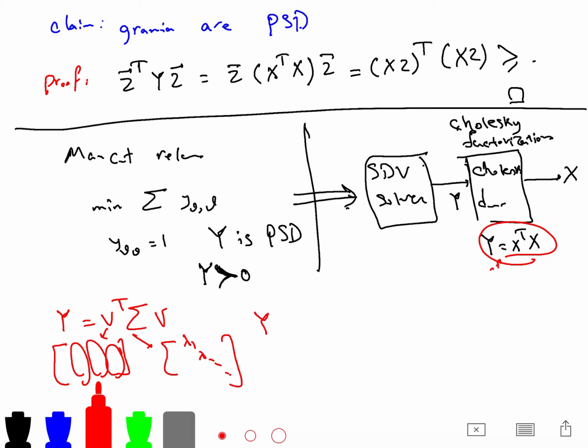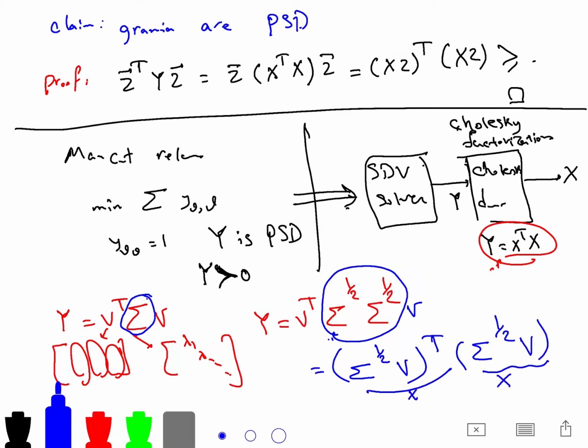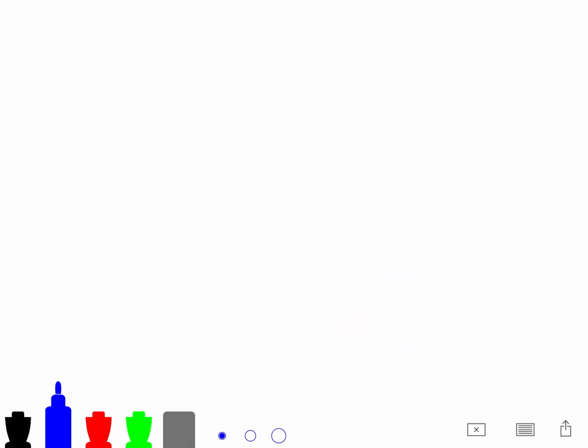If you simplify this, because sigma is diagonal, you can write it as V transpose times square root of sigma times square root of sigma times V, and this is X transpose X. So Cholesky factorization is doable.